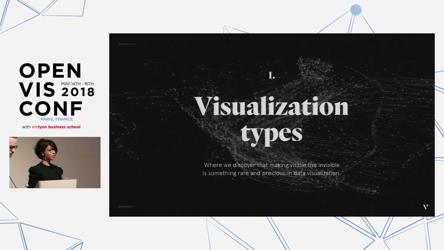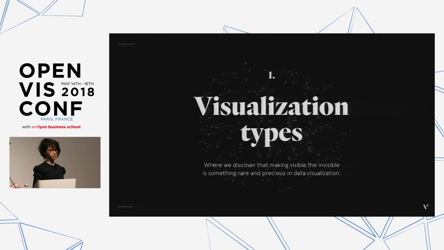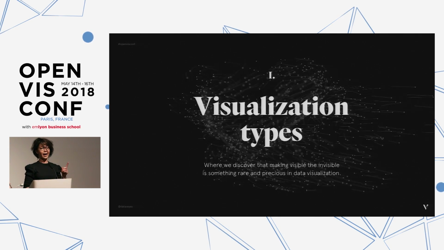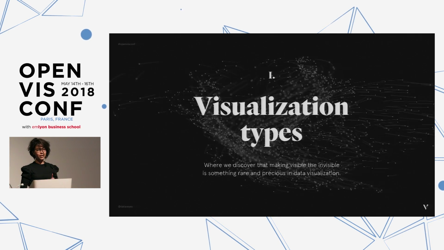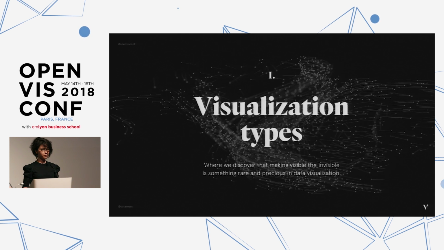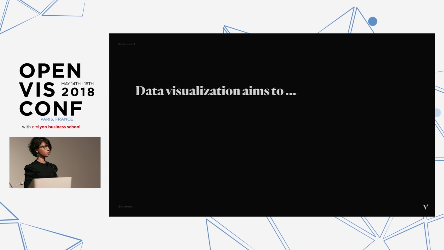And to begin, we will talk about the different types of data visualization that can make visible the invisible, because it's not necessarily all data visualization projects. I even think it's really a minority of data visualization projects that are meant to make visible the invisible. Most of the time, data visualization aims to educate, to explain something complicated, to make people understand a reality.